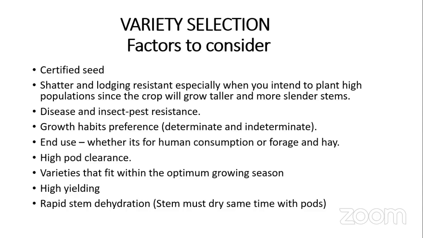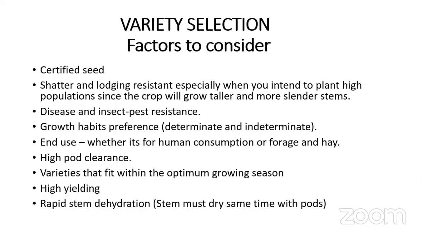Then another important factor is the end use. What is it that you want to use the product for? If you want to use it for human consumption, you need to go for varieties which clearly come out with bigger seed. And if you want to grow for forage and hay, you need to consider the herbage value, the stem size, the leaves, how big the crop can grow, because there are some people who actually use it for forage and hay.